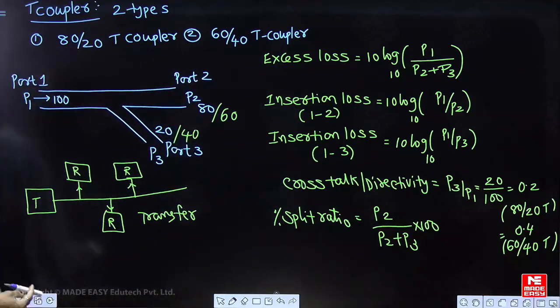P2 upon P2 plus P3 into 100 is called split ratio. This is completely about the T coupler. So please all of you copy this part. Once copying is completed, please put a message.